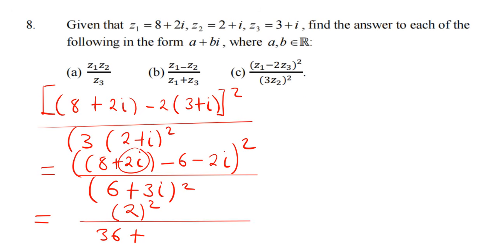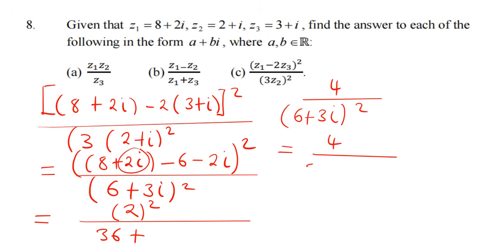So 2 squared on top is going to be a 4 over, here we have 6 plus 3i, then there's a square outside. Here we have to be very, very careful. So we're going to have 4 over 6 squared, that is 36. Then plus 2 multiplied by 6, that is 36.